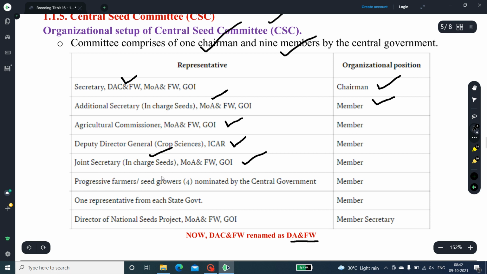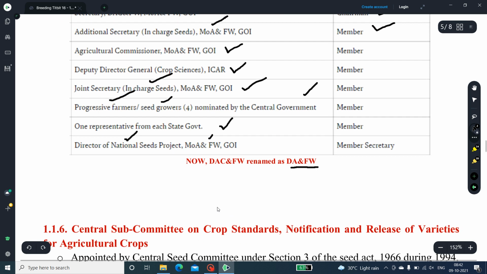Progressive farmers and seed growers, and there are 4 members from progressive farmers and seed growers nominated by the central government, and other member is one representative from each state government. The member secretary of the Central Seed Committee is the director of National Seed Project, the Ministry of Agriculture and Farmers Welfare, Government of India.